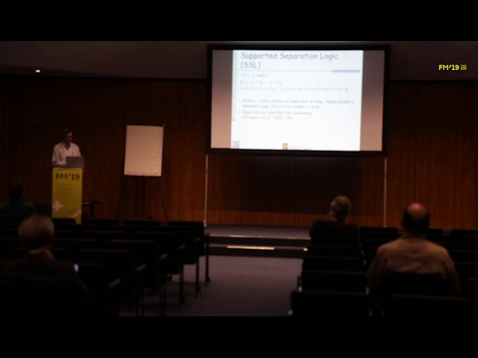Now, supported separation logic is a sort of subset of separation logic where there's always a smallest heap chunk that makes that assertion true. And this is why there's no disjunction, for example, in supported separation logic, because with a disjunction, you'd be able to have one heap chunk that makes the left-hand side of the disjunction true and one heap chunk that makes the right-hand side true. And then there wouldn't necessarily be a smallest one that makes them both true.